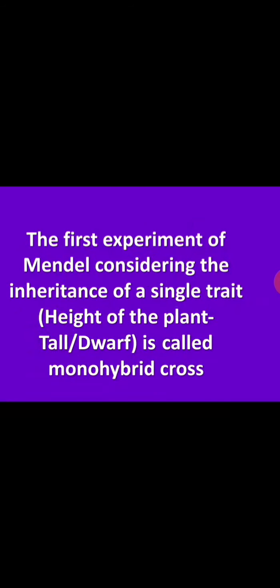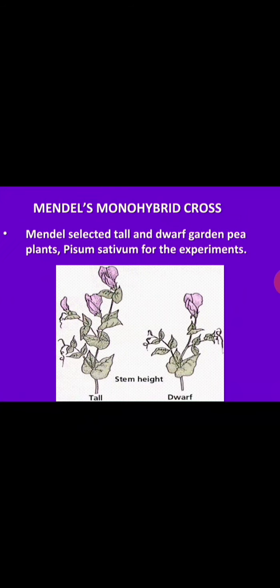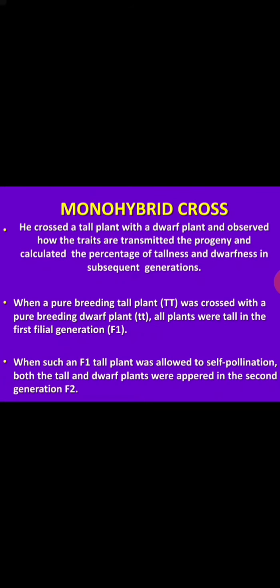Mendel conducted the experiment with a single trait. It is called a monohybrid experiment. For his monohybrid experiment, he selected a tall and dwarf garden pea plant, Pisum sativum. He crossed the tall plant with the dwarf plant, observed how the traits are transmitted to the progeny, and calculated the percentage of tallness and dwarfness in subsequent generations.